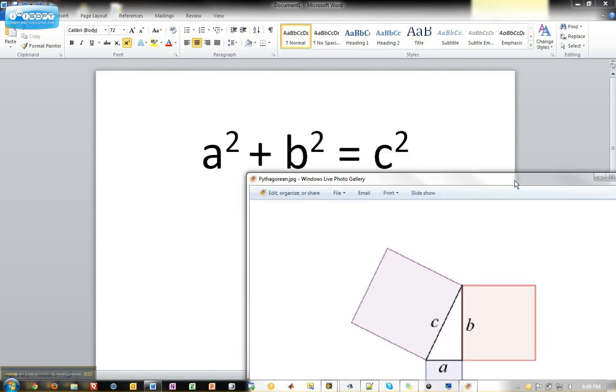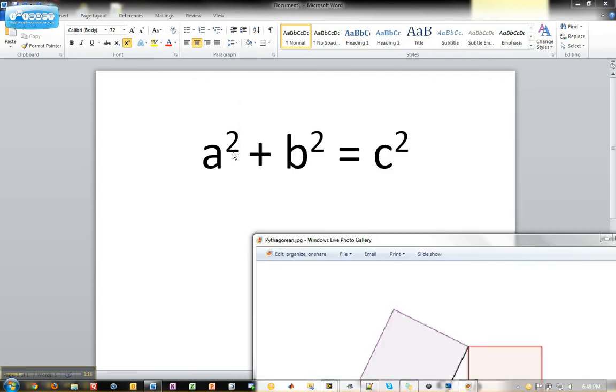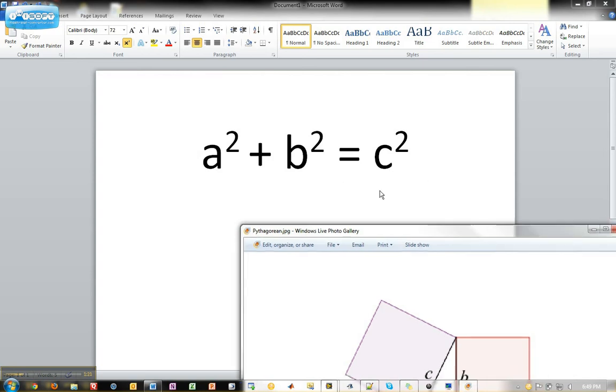You draw a square off to the side of side B of the right triangle. That creates a square. A squared plus B squared means that the sum of the A square plus the B square should equal the C square. And that's what you get from the equation. A squared plus B squared equals C squared.